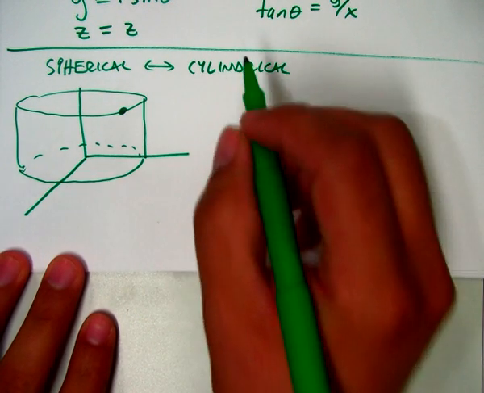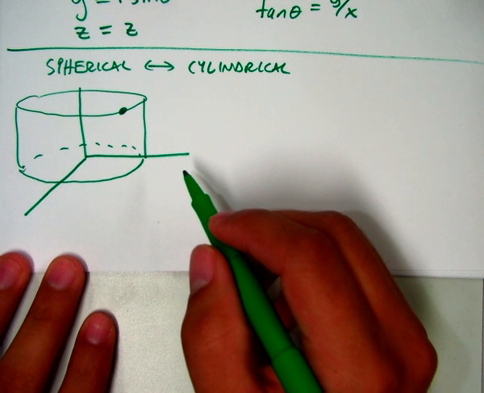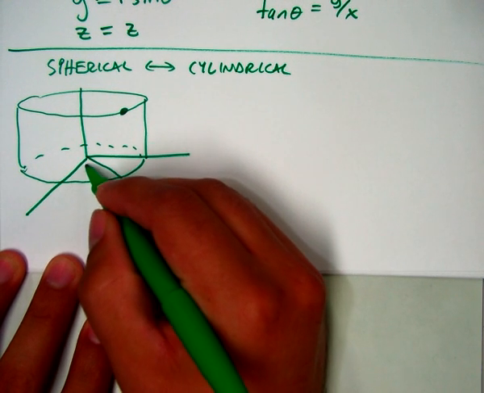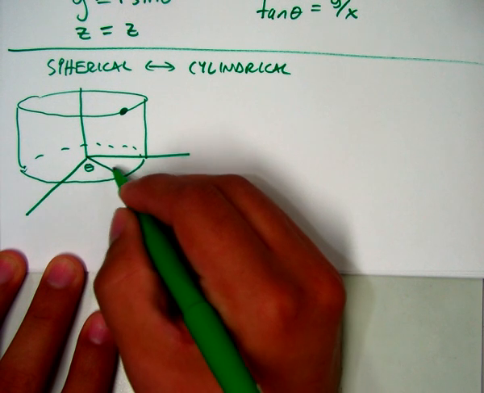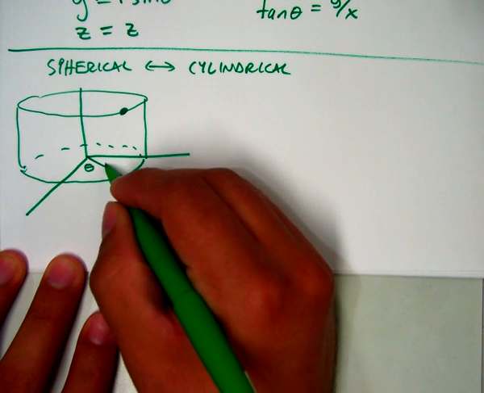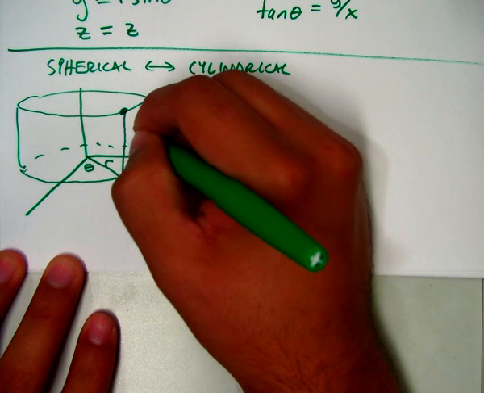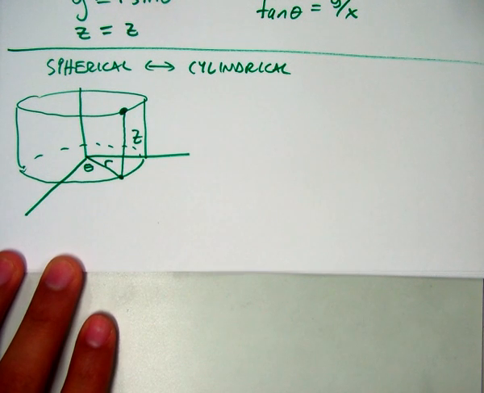And now let's just talk about all the different ways that we can get there. We can rotate theta, go out r, and then go up z. Does that make sense?